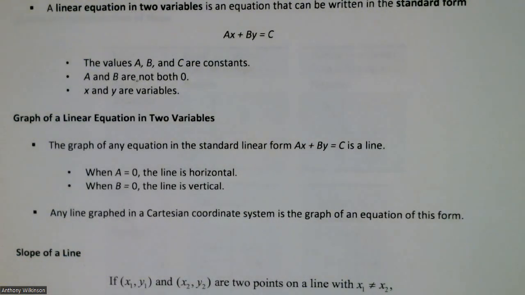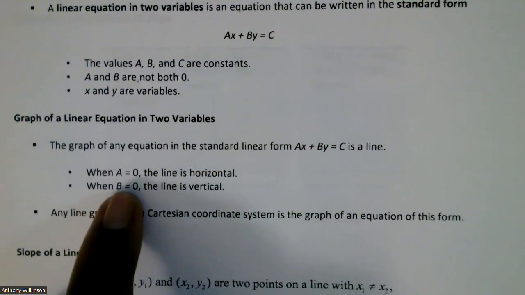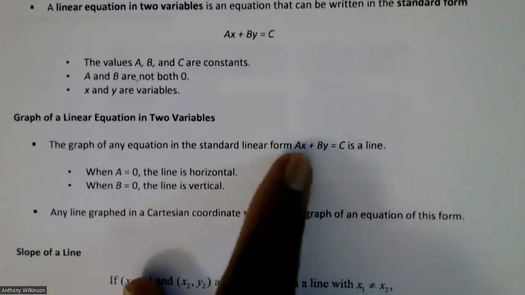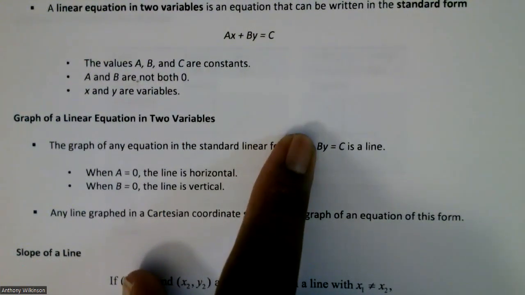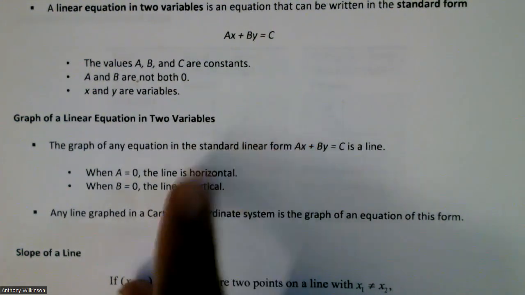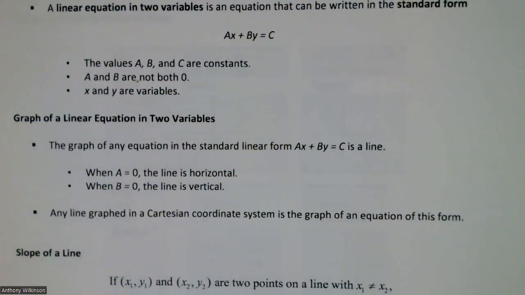Now, the graph of any equation in standard form is a line. When a is equal to 0, that means your coefficient of x is 0. You'll be left with by equals c. That means y will have to be c over b. That line is going to be a horizontal line because you're just going to have y equal to a constant.